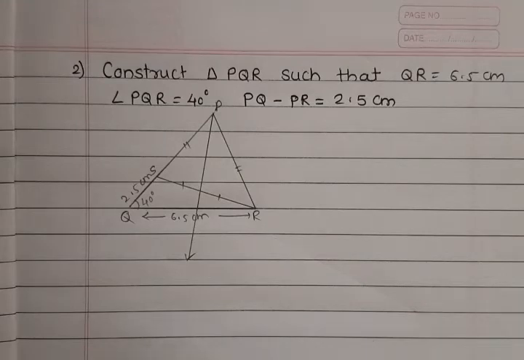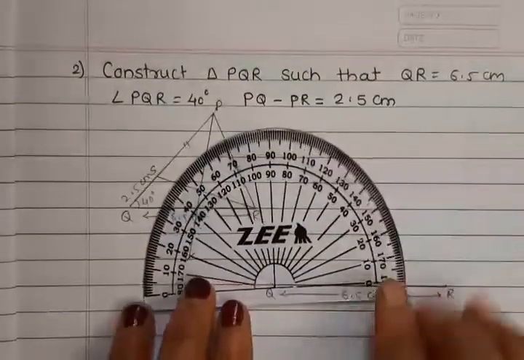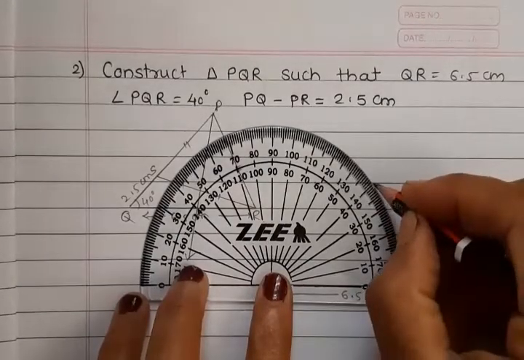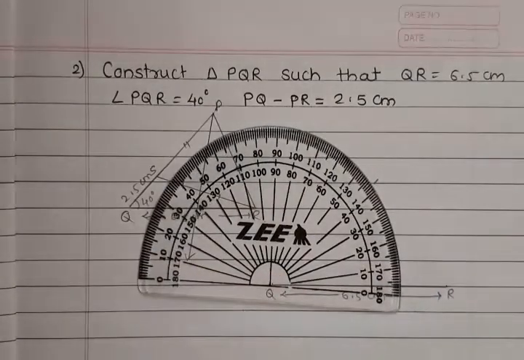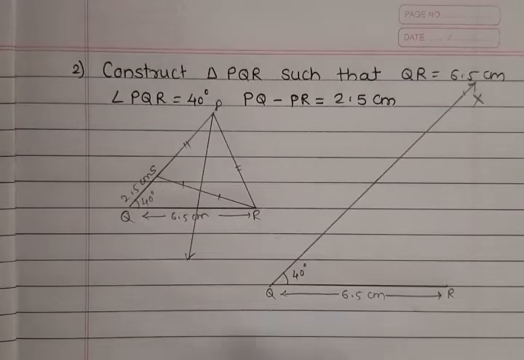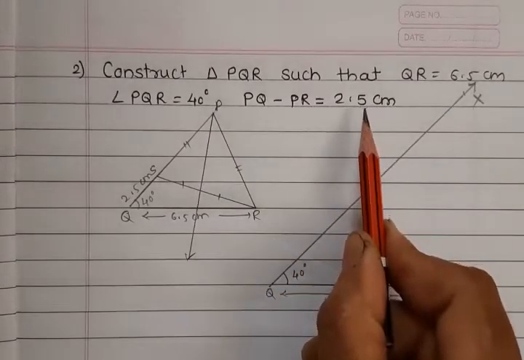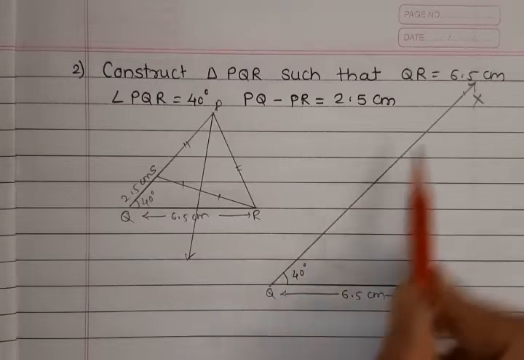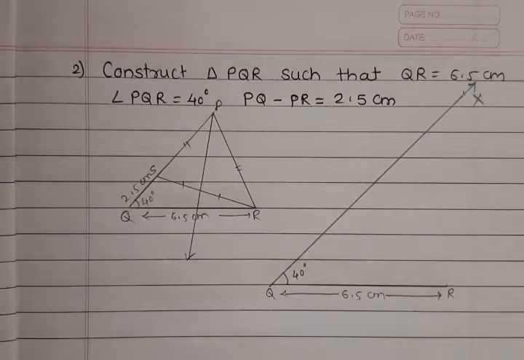Everyone will first draw the segment QR of 6.5 cm. Keep the protractor at Q and make an angle of 40 degrees. Then in your compass, take the distance 2.5 cm, keep the tip of the compass at Q and draw one arc on ray QX.